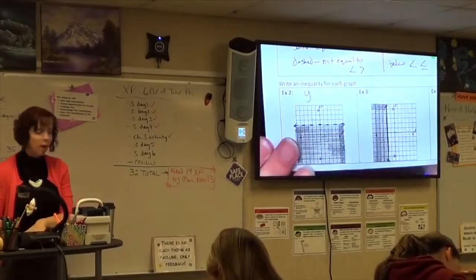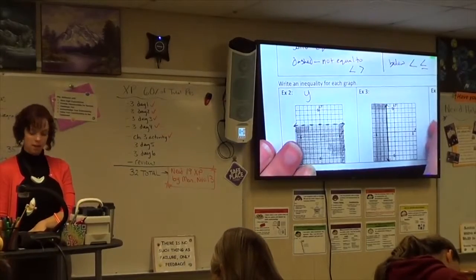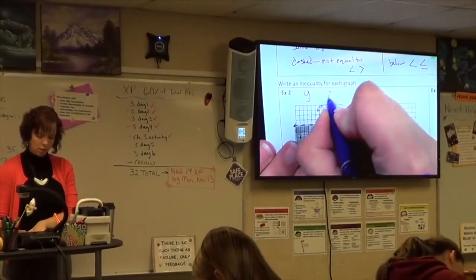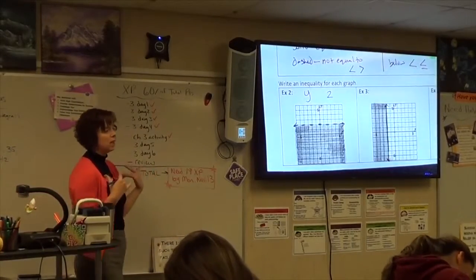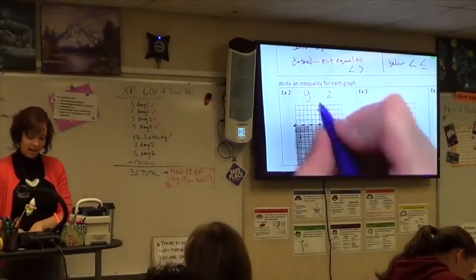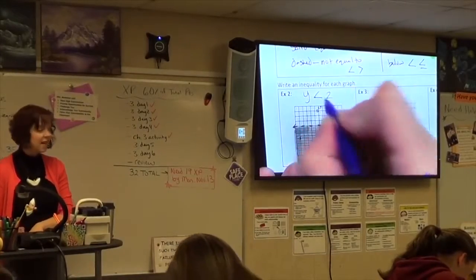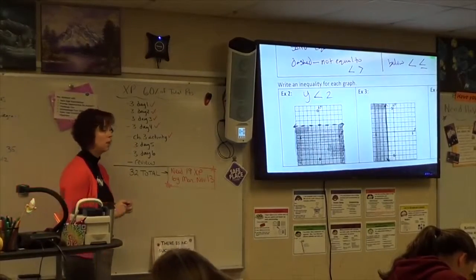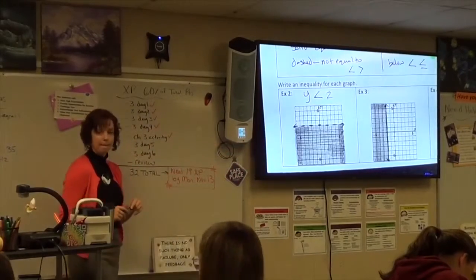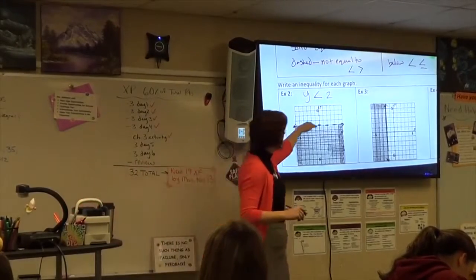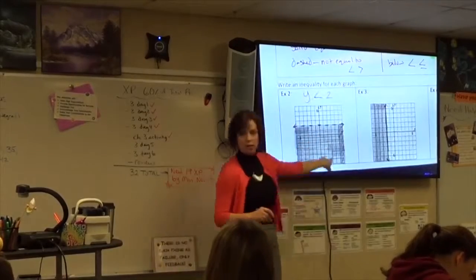What number is it crossing? 2. Okay, it's shaded below. What symbol are you going to use? Less than. Does it get the equal to? No, because it's dashed. It's a horizontal line crossing that Y at 2.